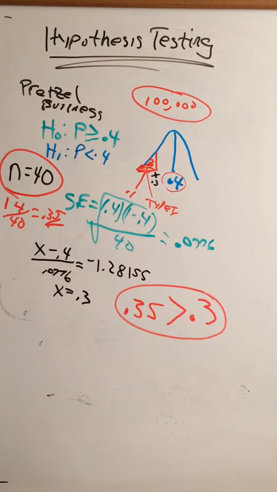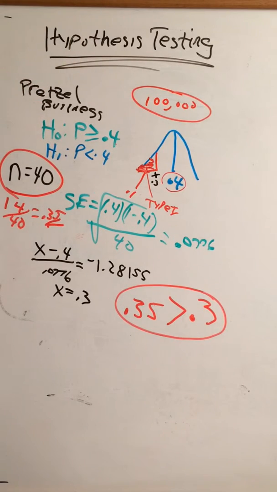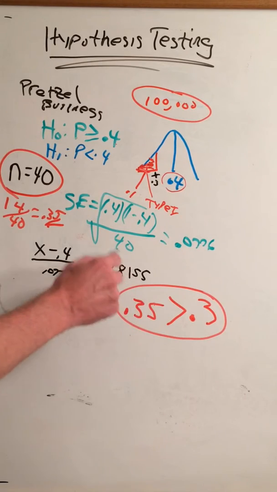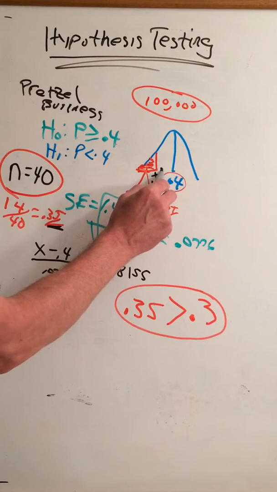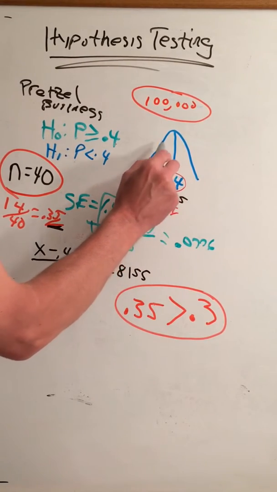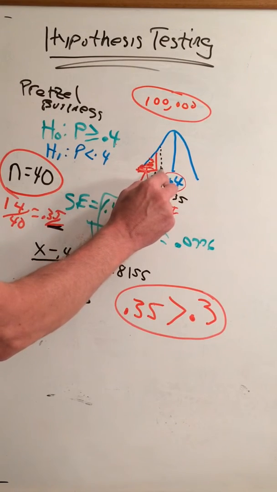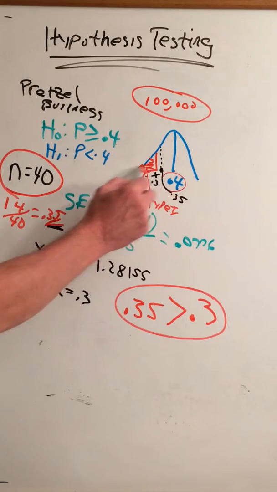One other little thing is, have something called a p-value you might hear about in your readings when you're looking at some journal articles. Take 0.35, which is this number. If you put 0.35 here, it's right about here. And if you look at the area from there or more extreme, which means worse, this is the bad area we're looking at.